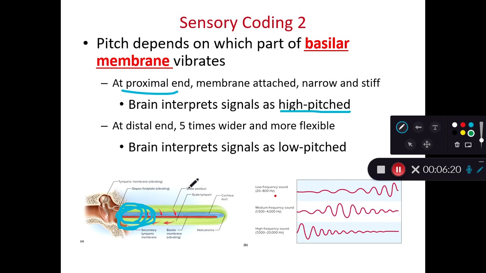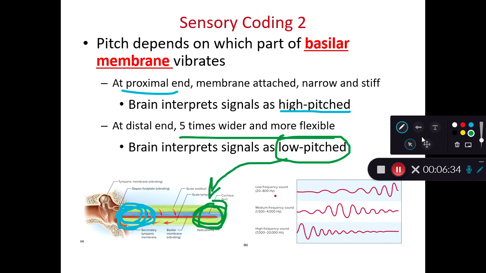And then if we look at the distal end of the basilar membrane, this distal end is wider and more flexible. And when that's oscillating or vibrating, that's interpreted as a low-pitched noise.